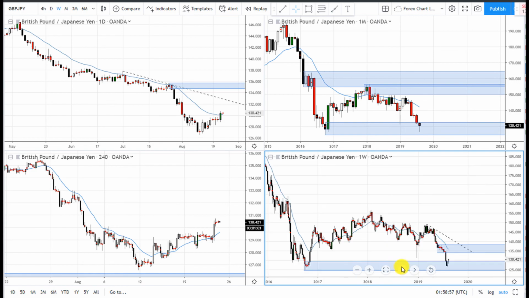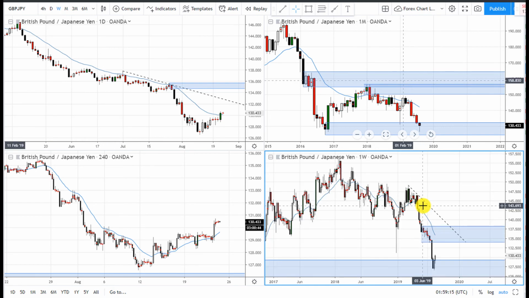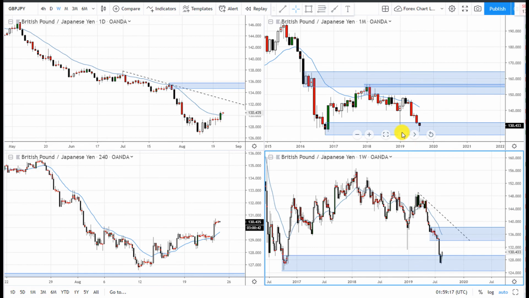So this area of demand on the weekly could get taken out. This area of demand on the monthly could get taken out. That's why we're very cautious. That's why we're not just automatically buying, because all of our time frames are telling us to short, but then we know we can't short because higher time frames of demand is in control.